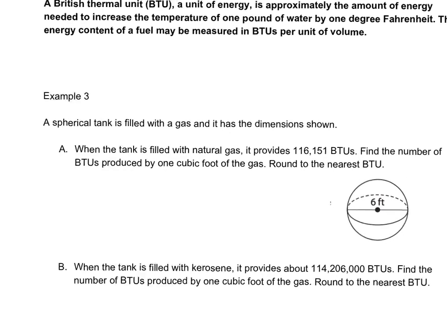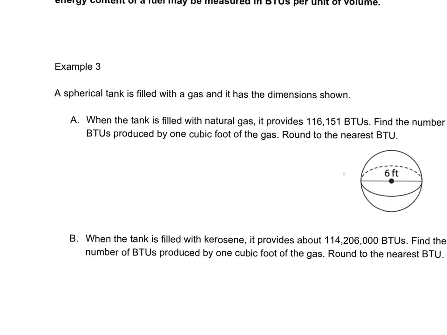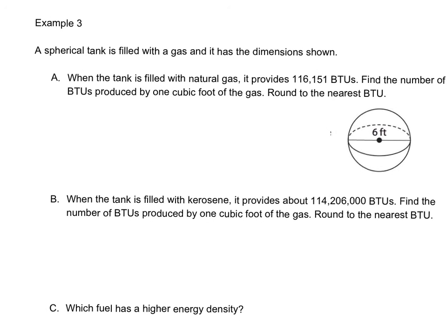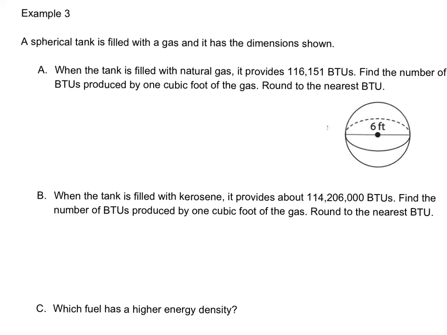So we talk about BTUs per unit of volume. A spherical tank is filled with gas, and it has the following dimensions. When the tank is filled with natural gas, it provides 116,151 BTUs. Find the number of BTUs produced by 1 cubic foot of gas. Round to the nearest BTU.